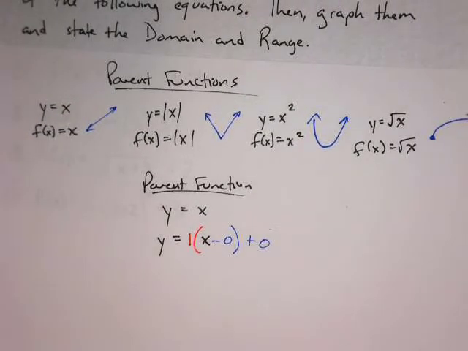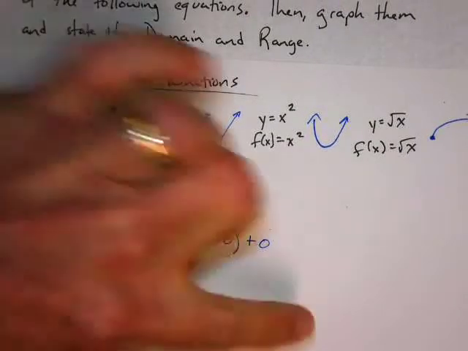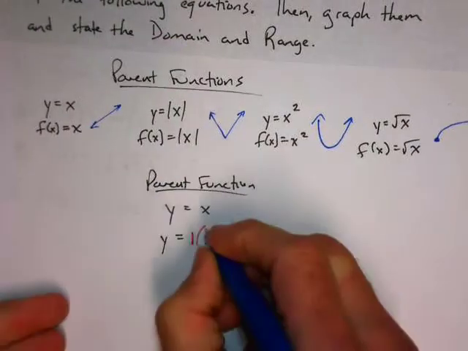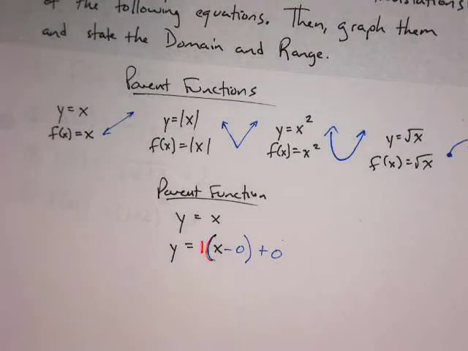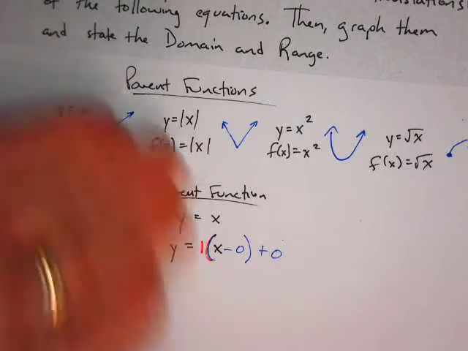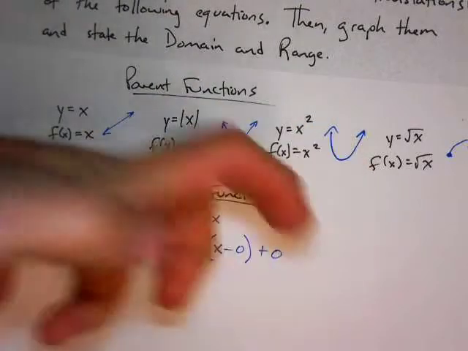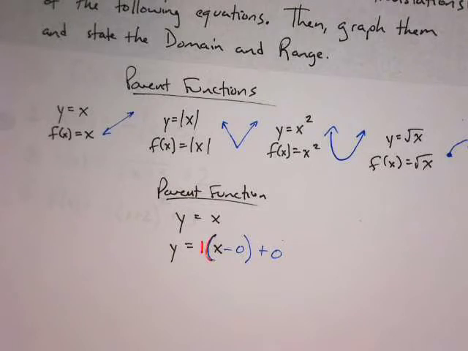That's what that looks like. So if I have 1 times x minus 0 plus 0, it gives us that. There are all these invisible things that are happening to it. We just can't see it.